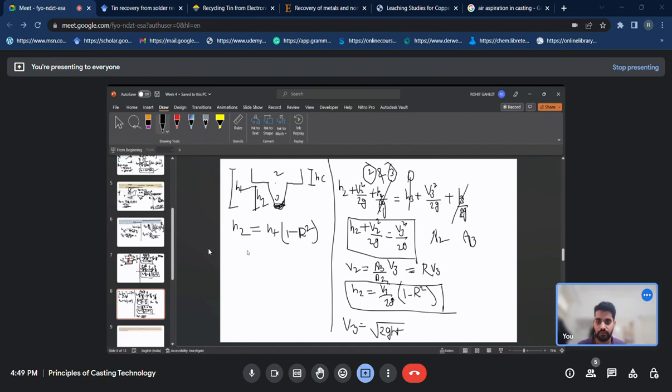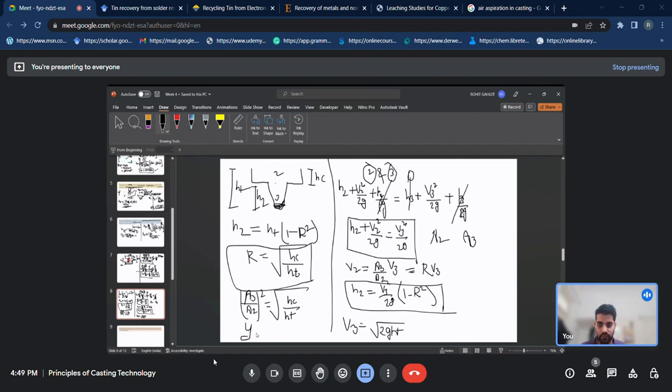Finally you will get R square equal to root HC by HT, so A3 by A2 square will be equal to root HC by HT.